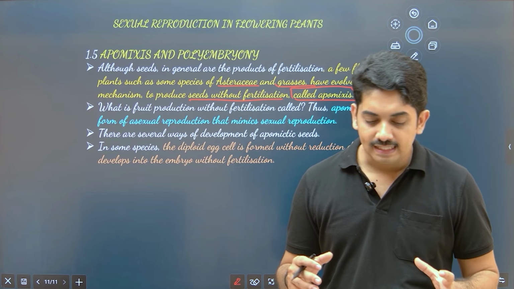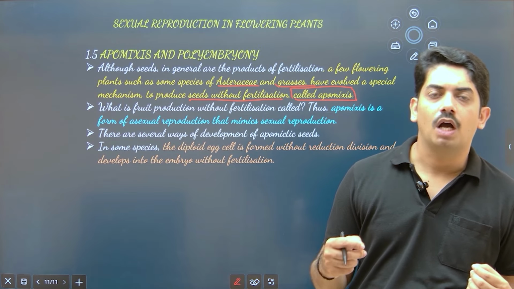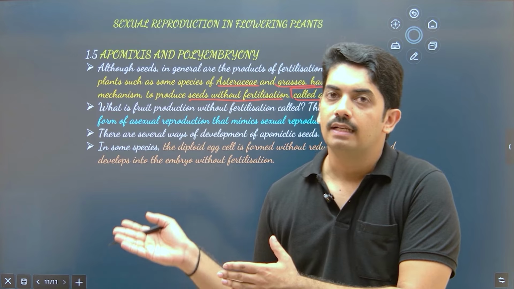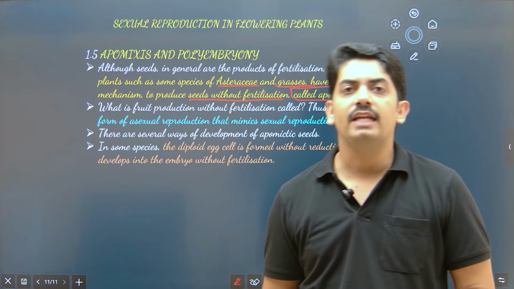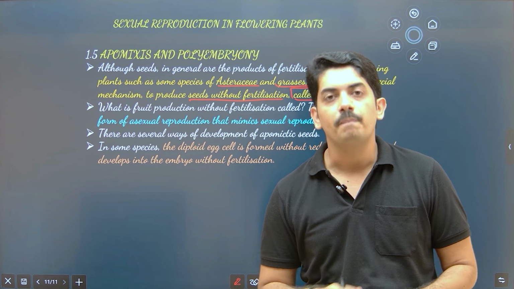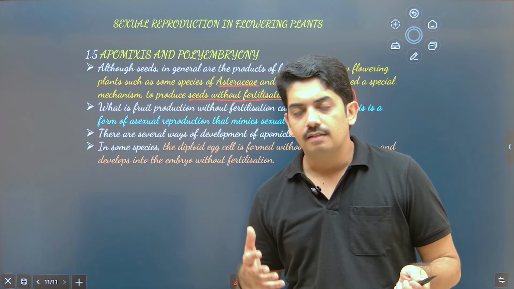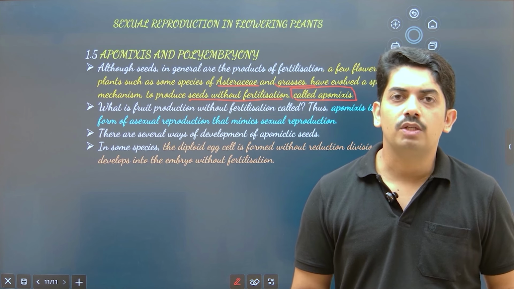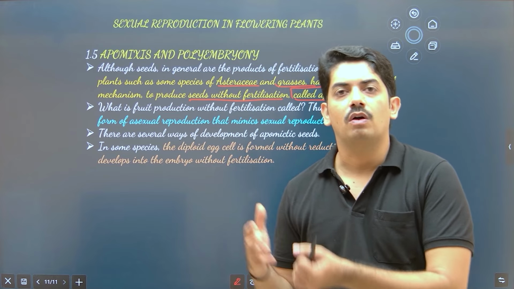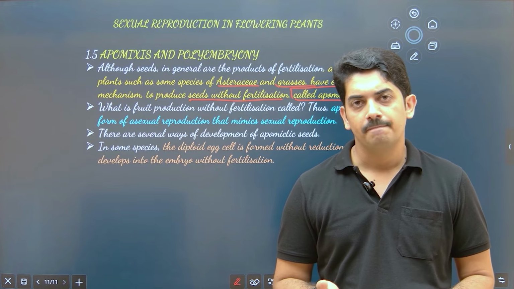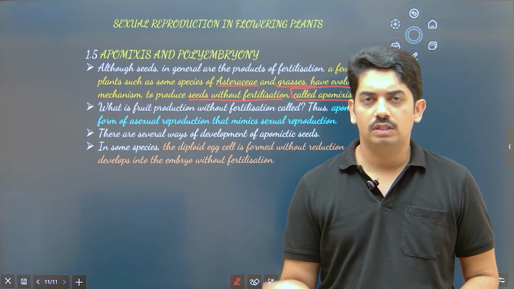So scientists are very curious about how these apomictic seeds are produced in the Asteraceae family and in grass. They are trying to introduce apomictic seed production in other plants also, so that any farmer can benefit from it. There is no need to visit the seed bank or any commercial scale production of seeds every year to grow the plants.